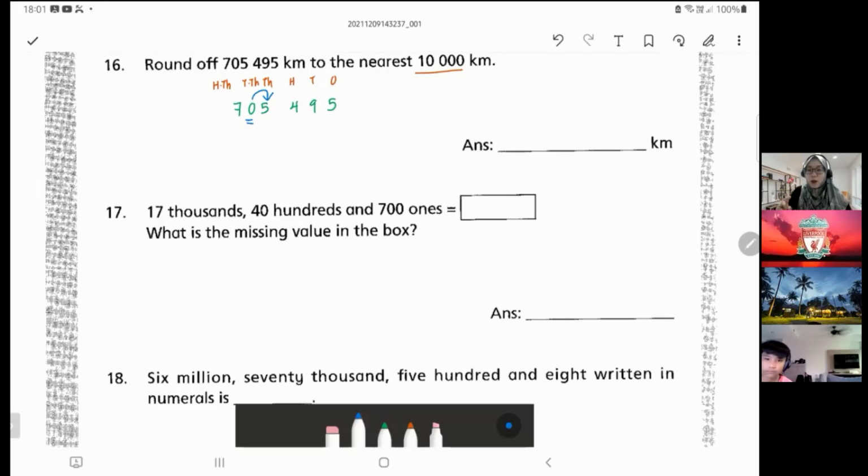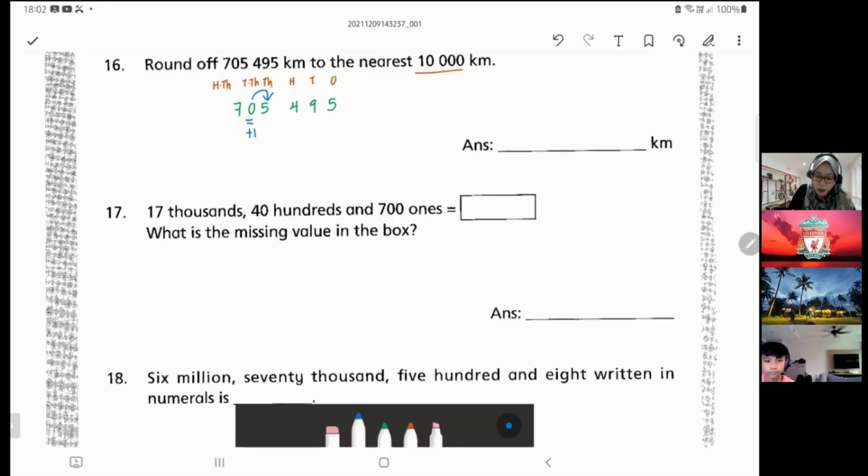Why do I do that? The number that you point to will be the determining factor whether the number you underline will have to add 1 or remain as it is. So if the number that you point to is 5 or more than 5, then the number you underline must add 1. So this one must add plus 1. Why? Because it's 5.